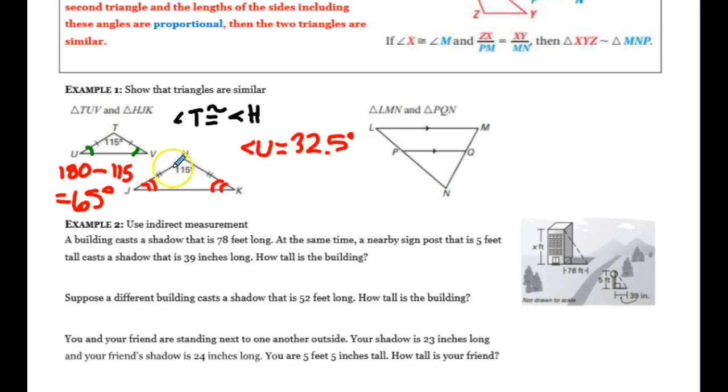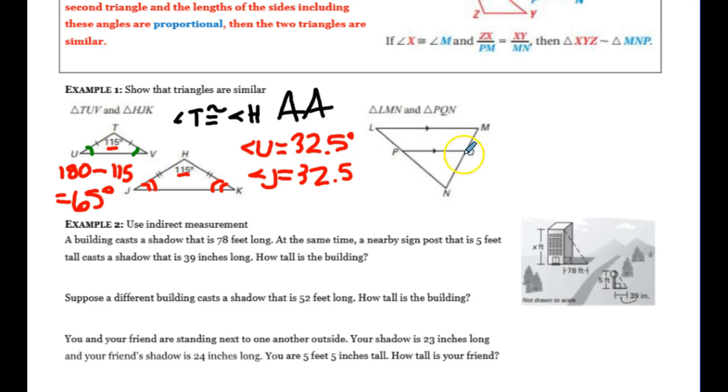Now, the same is true of J and K, and I can use the same process to find J and K. But since this is 115 and this is 115, then angle J is also going to be 32.5. So these two triangles are similar by angle-angle similarity.